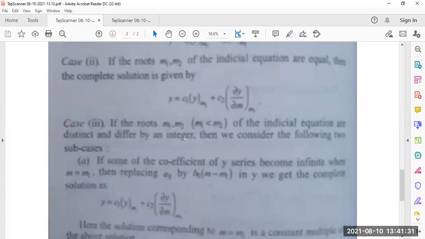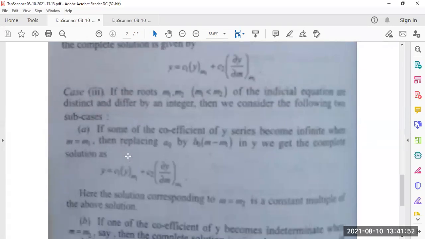Now case 3. If the roots m1, m2, where m2 is greater than m1, of the indicial equation are distinct and differ by an integer, say m2 equals 3 and m1 equals 1, then m2 minus m1 equals 2, which is an integer. Then consider the following two subcases.